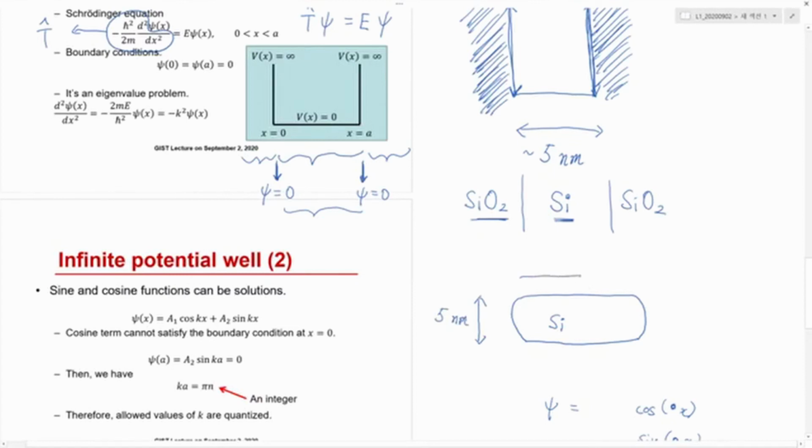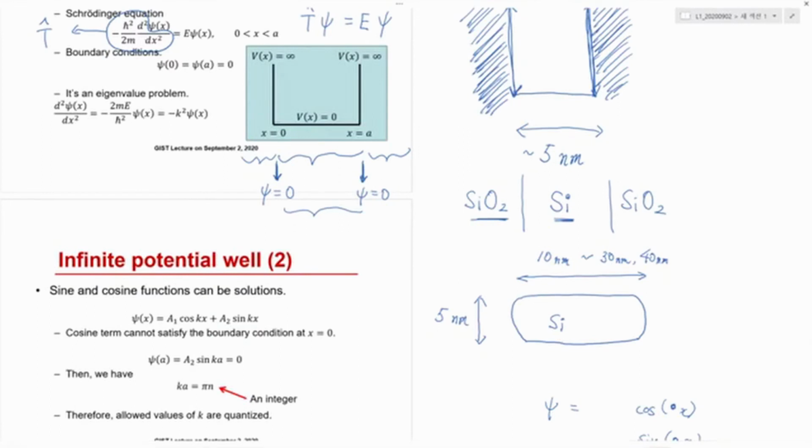And this is the width of our silicon region, and maybe this is somewhat larger, like for example 10 nanometer. This is maybe the smallest one, but 30 or 40 or even larger numbers can be possible.